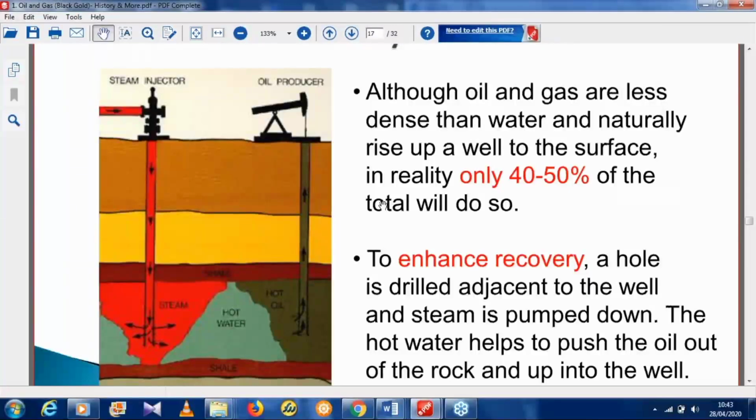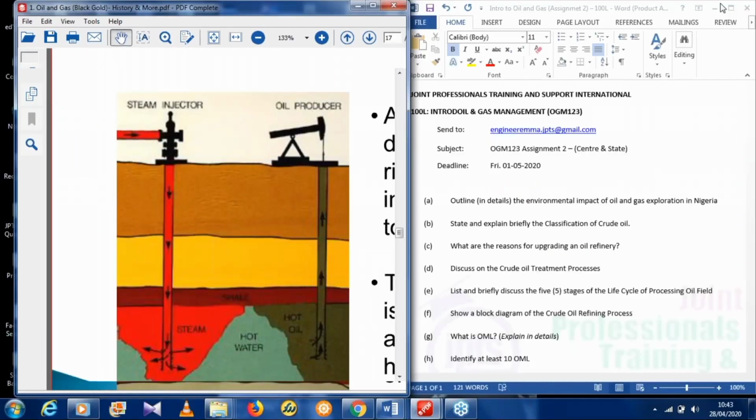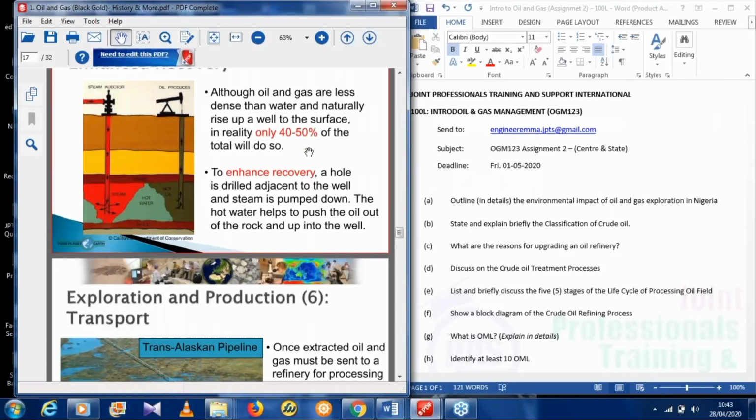The oil and gas, the oil is usually mixed with water. So what happens is that the oil that is recovered to the surface comes up on top of the water. During this drilling, we mount what is called the wellhead.